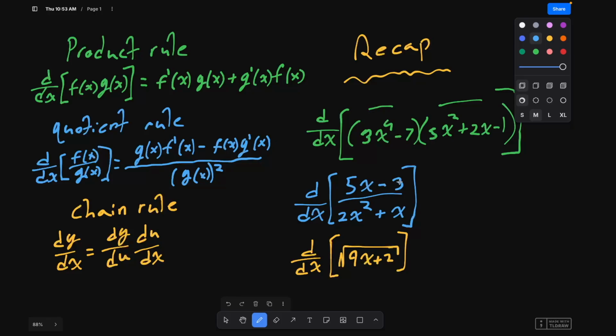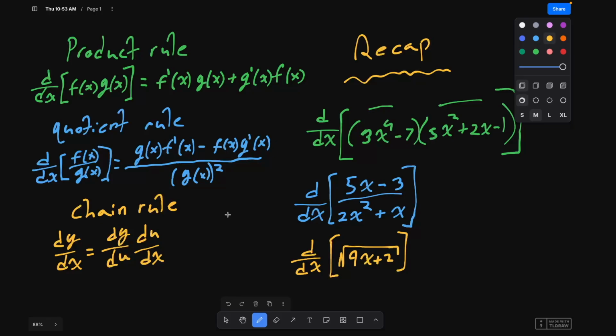And if we refer to the numerator as the high, and we refer to the denominator as the low, we can remember the quotient rule with a little jingle. Low d high minus high d low, square the bottom, and away we go. D high meaning the derivative of high, the numerator, and d low meaning the derivative of the low, the denominator.